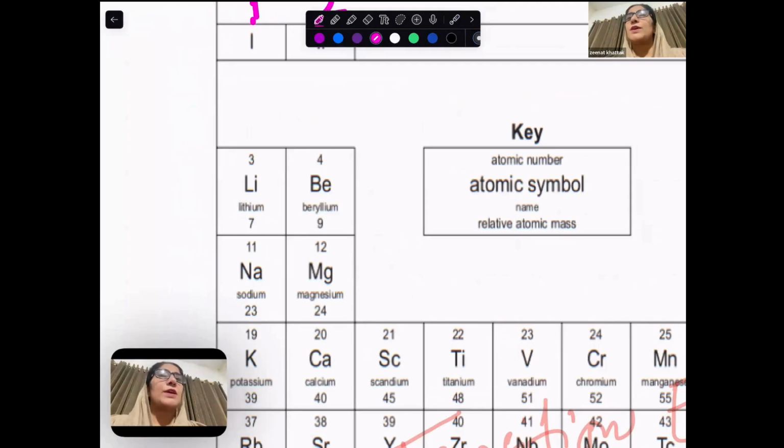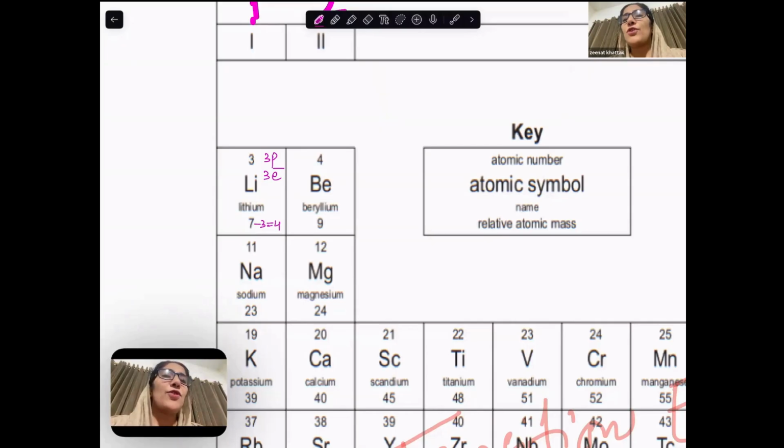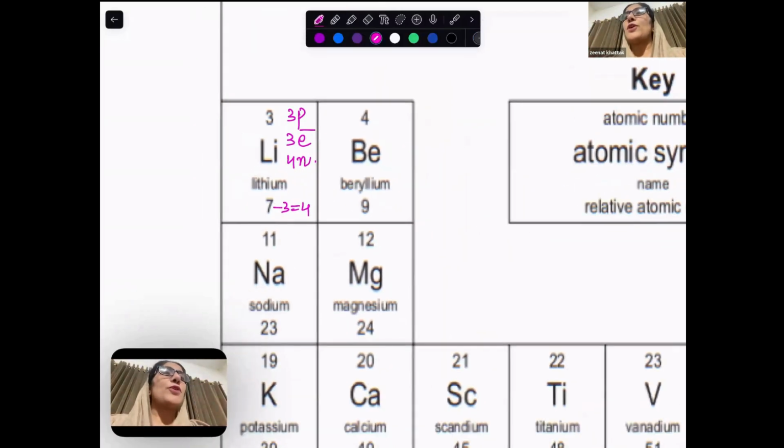Look. For lithium, there are 3 protons. There are 3 electrons. 7 minus 3, 4 neutrons. Now, these 3 electrons, how could they be arranged? 2 in the first shell and 1 in the last shell.